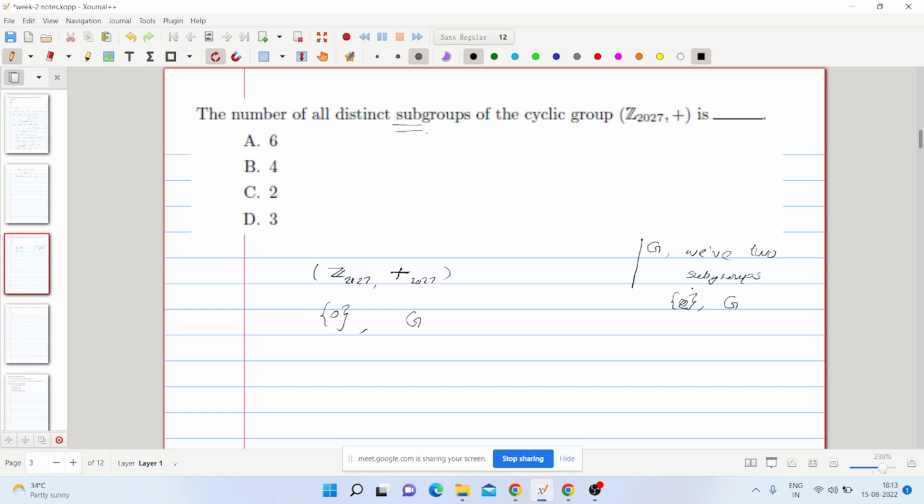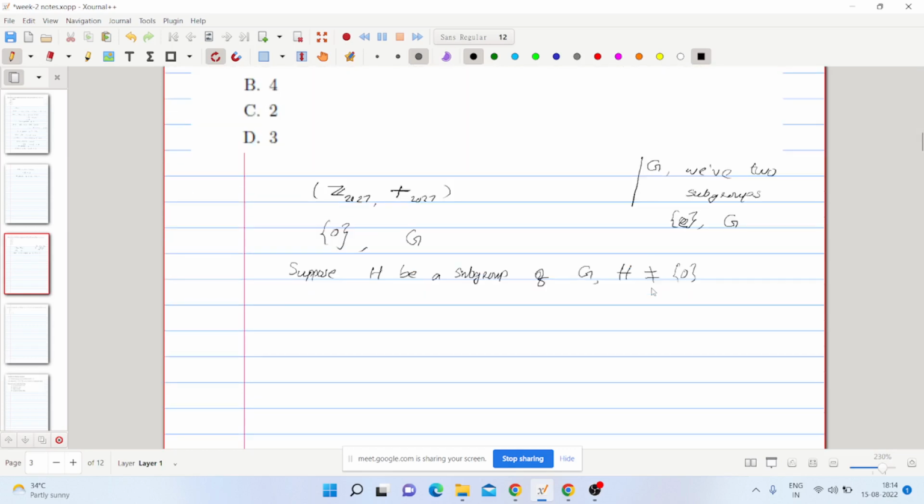Suppose, what do you think, will it have a subgroup other than these two? Any guess? Okay, we will take a subgroup H which is not equal to {0}, that is, not the trivial subgroup.